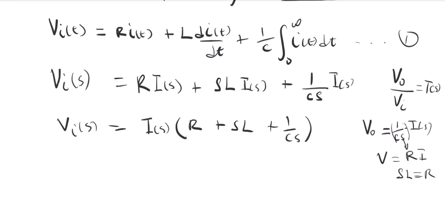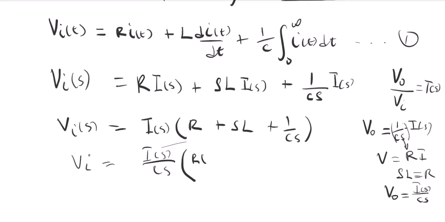So I have to find a way of getting something like this from my equation, getting I of s over C s. Looking at my equation here, I will just remove this from the bracket. To remove 1 over CS from the bracket, I'm going to have VI equal to I of s over CS into RCS plus S squared CL, it's just the same, plus 1.